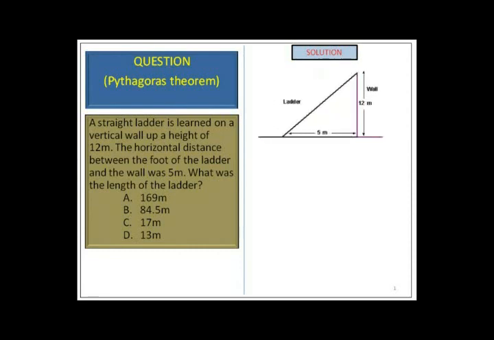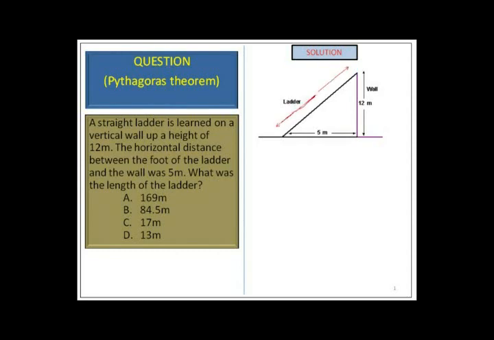Now the setup for this problem is like that, whereby we've got the ladder which is leaned against a wall, and the wall has a height of 12 meters, and the distance between the foot of the ladder and the foot of the wall is 5 meters.